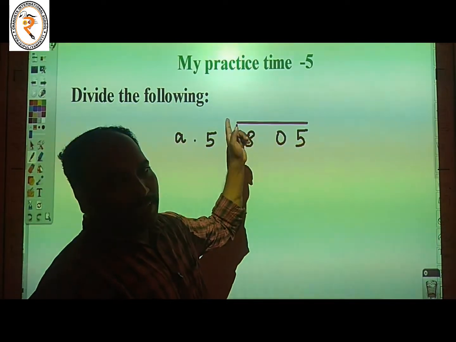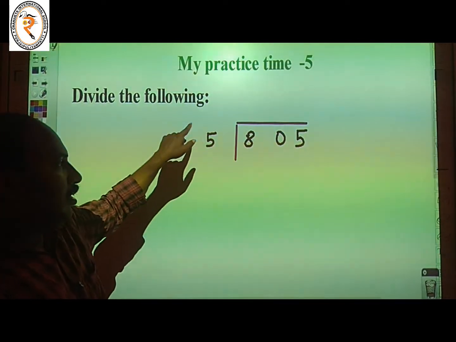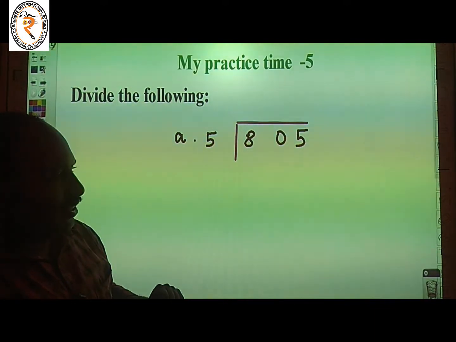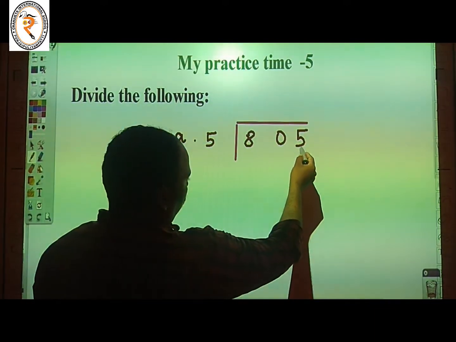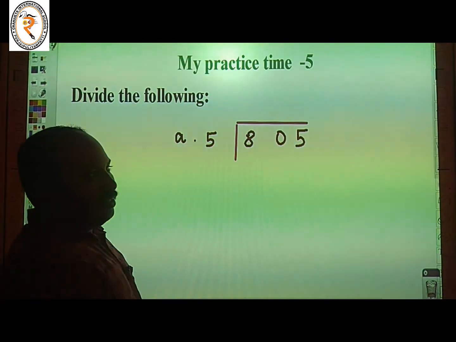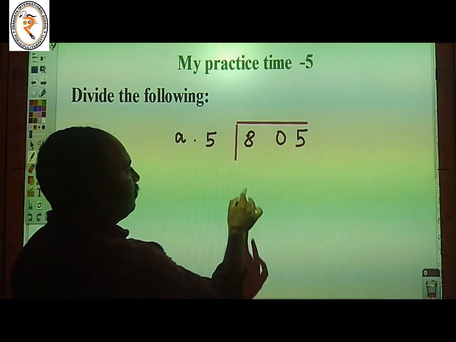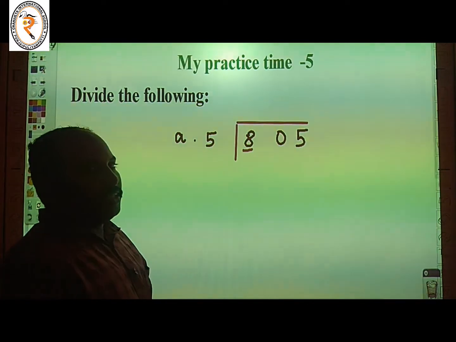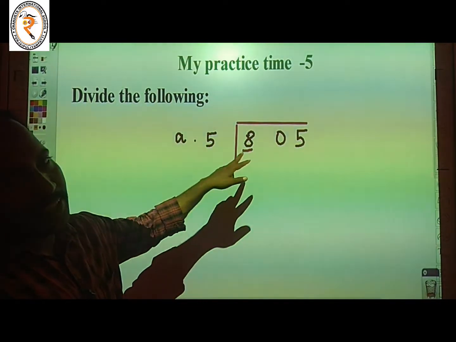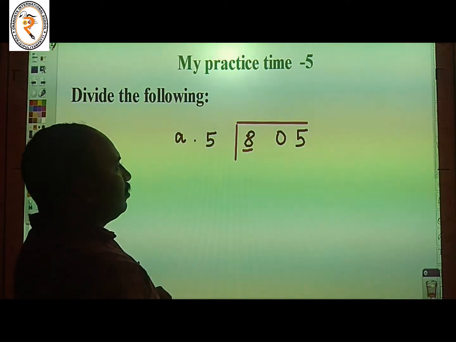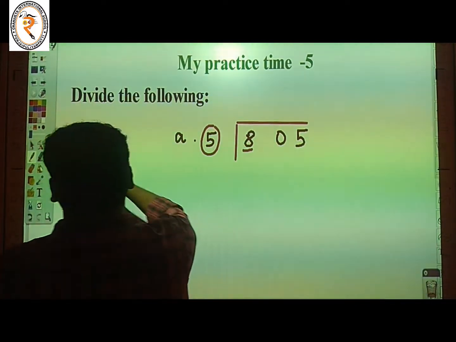It is called the dividend, and 5 is called the divisor. First we take the place values: ones, tens, hundreds. Always first we divide the hundreds place. So 8 divided by 5, where 5 is the divisor.